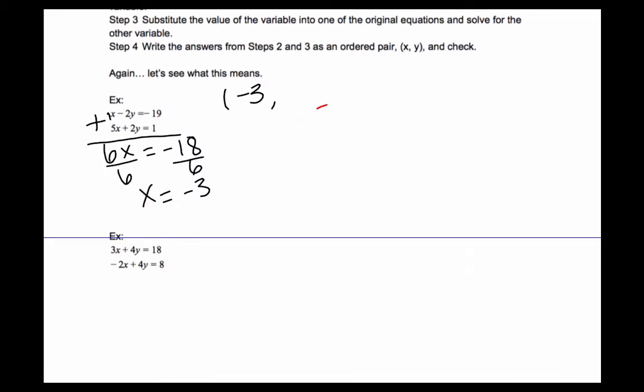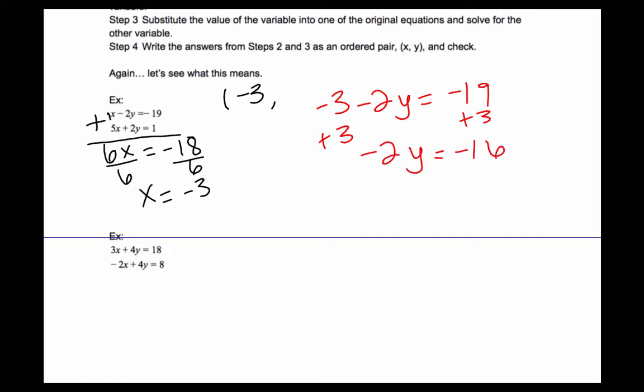So negative 3 minus 2y equals negative 19. I'm solving for y, so I'm going to add 3 to both sides. Negative 2y equals negative 16. Now I'm going to divide by negative 2. So y equals 8. The second part of my answer is 8. So this is my solution, negative 3, 8.